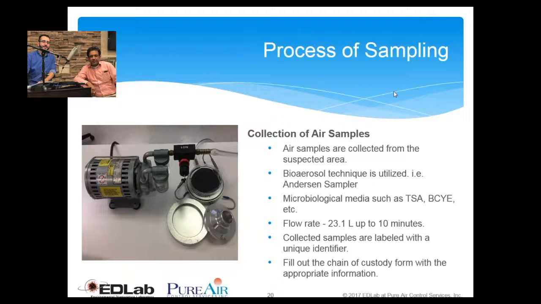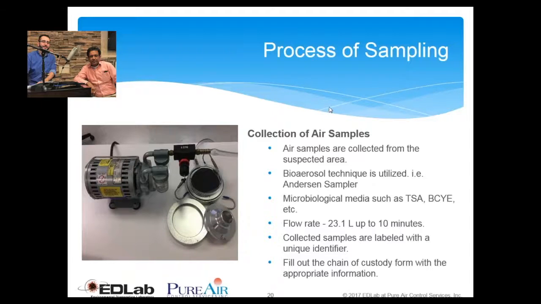We use a specific media that is loved by Legionella bacteria, such as TSA or BCYE. The flow rate of the pump needs to be 23.1 liters, and the sample should be run a little longer because, as I said, the concentration of bacteria in the air is not that great. So again, you collect the sample using aseptic technique, by the bioaerosol method, and fill out the chain of custody before you submit the sample to the laboratory.